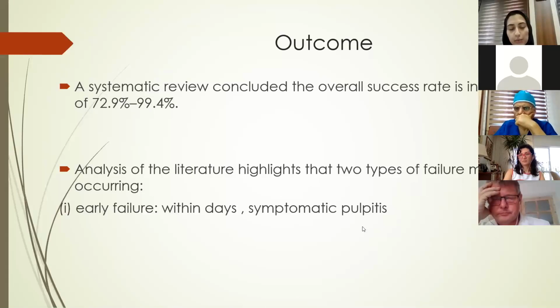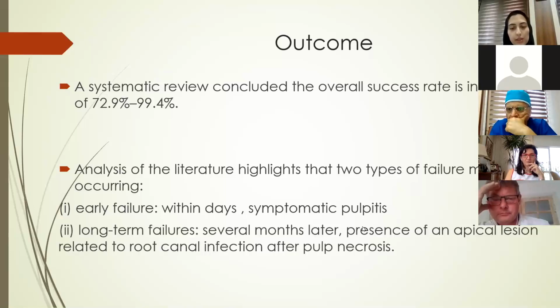Early failure, which is within days after the procedure, and we have symptomatic pulpitis. And long-term failures are within several months later, and we have the presence of an apical lesion related to root canal infection after pulp necrosis.